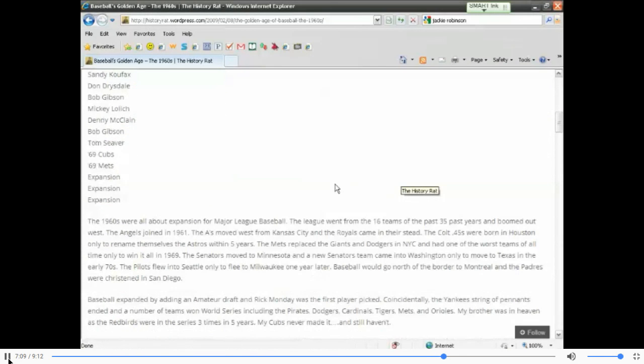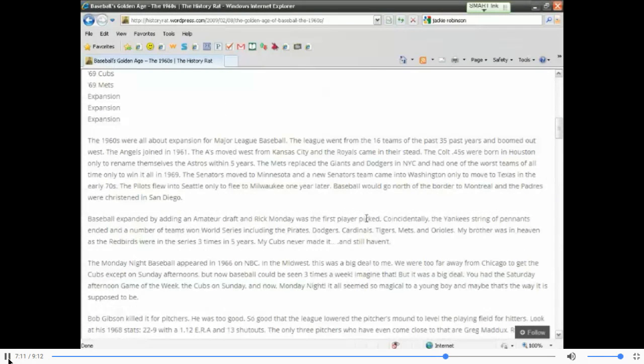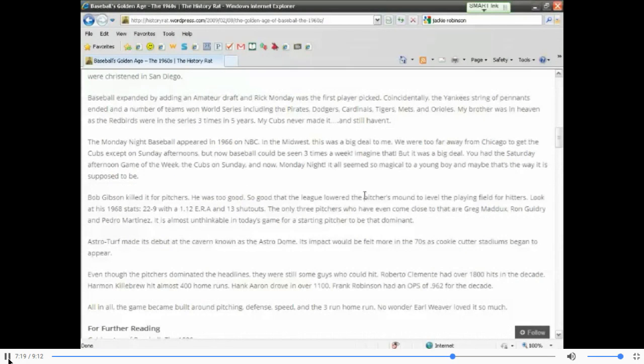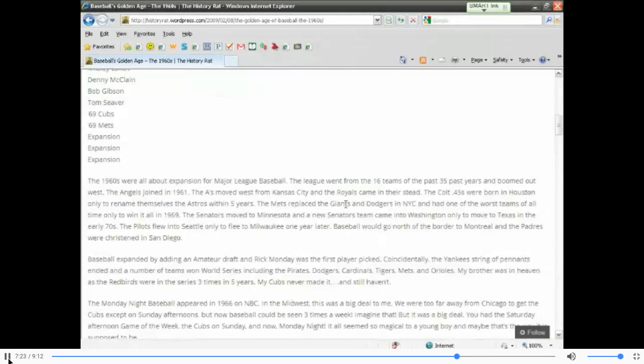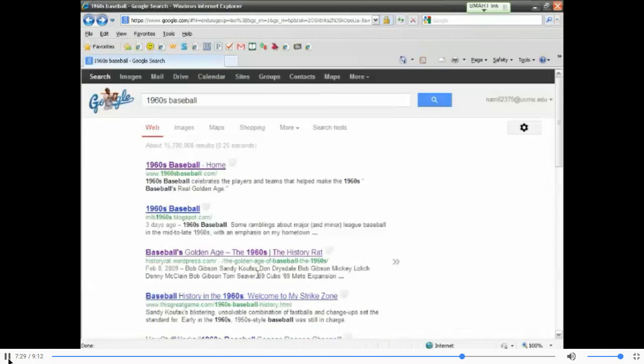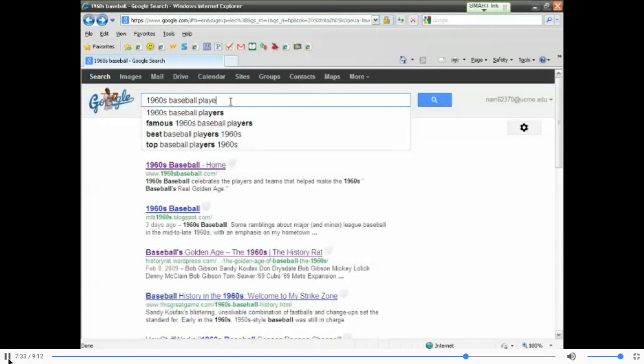As I search, I'm looking for someone that would fit the 1960s athlete. I'm not finding a lot of help, so what I need to reconsider is being more specific. 1960s baseball players, and we'll see if we can get a list.